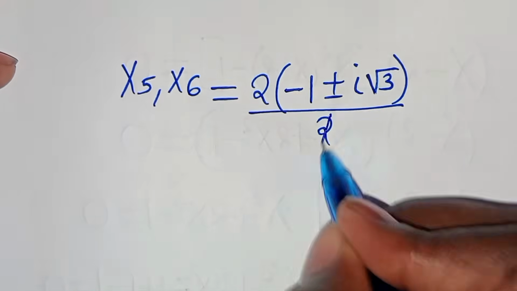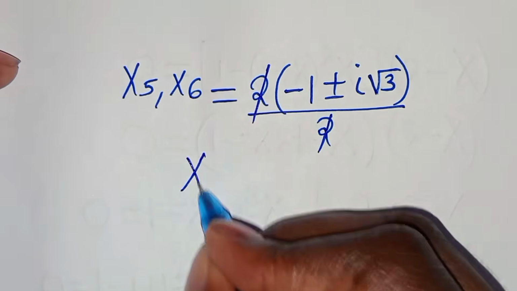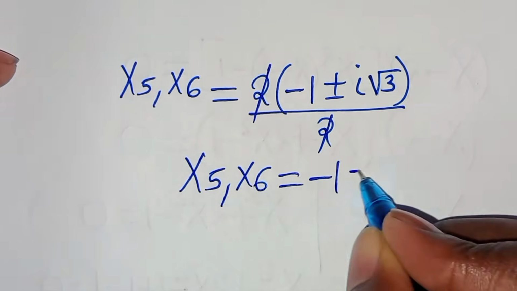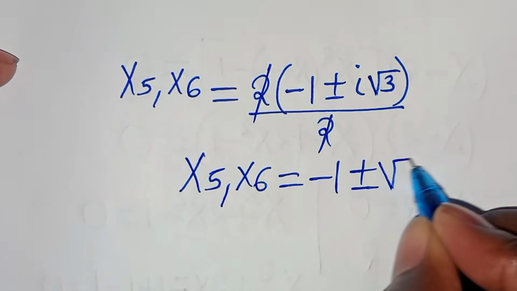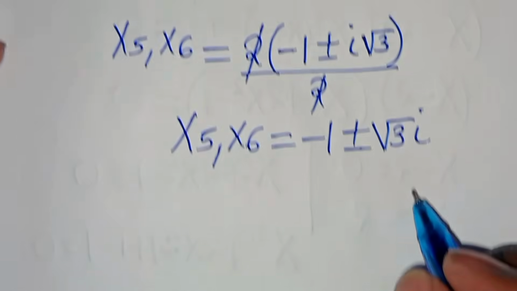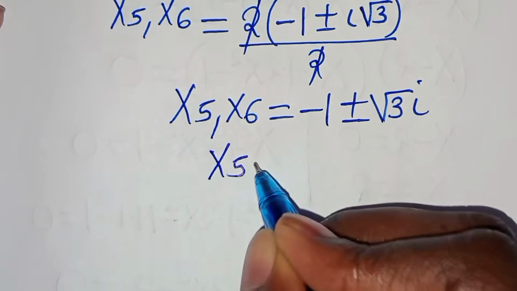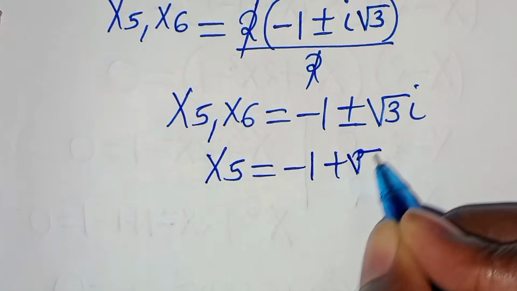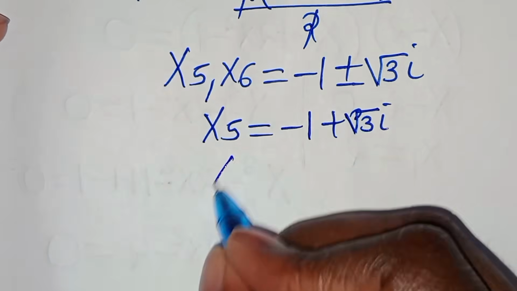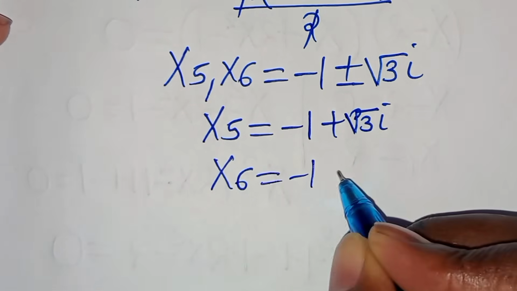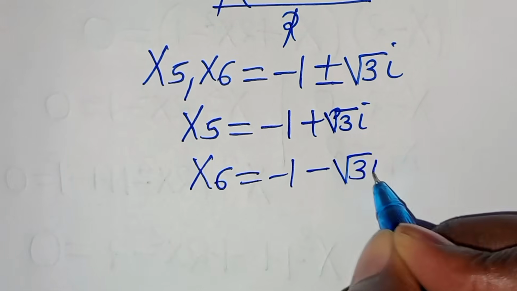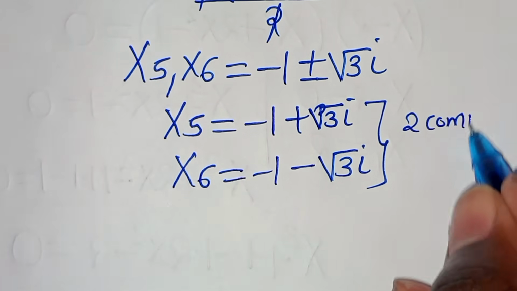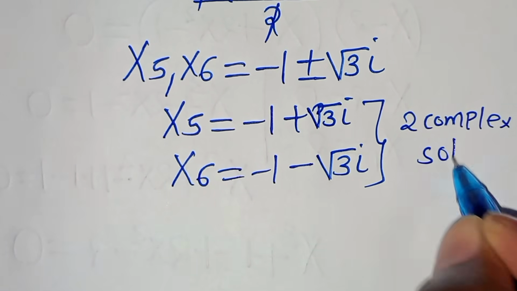Now let's simplify 2 and 2 here, so that x5, x6 is equal to negative 1 plus or minus square root of 3 i. So x5 is equal to negative 1 plus square root of 3 i, then x6 is negative 1 minus square root of 3 i. So these are two complex solutions.